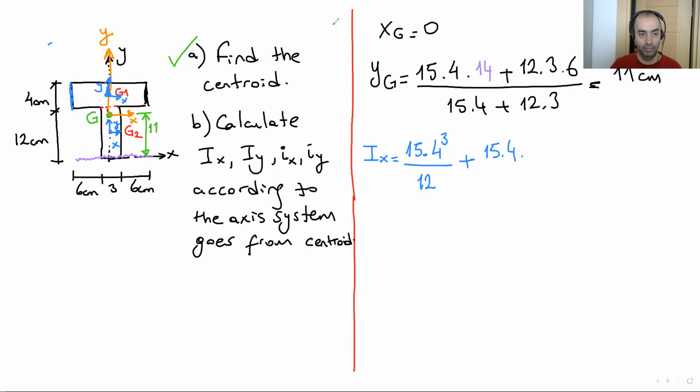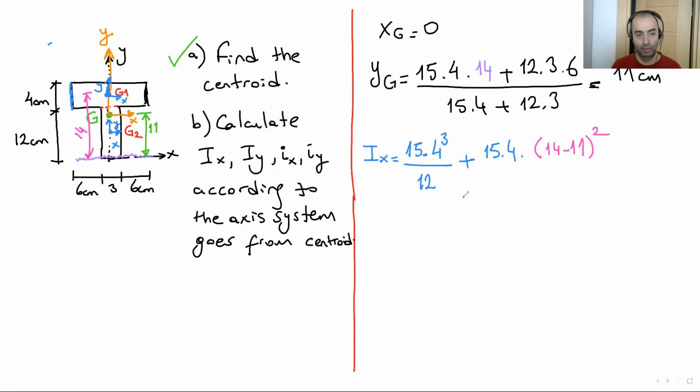The baseline is here, so 12 plus 2, 14. We know this is 14, but the global centroid is at 15. So the distance is 14 minus 11, squared. We've just completed the first rectangle.